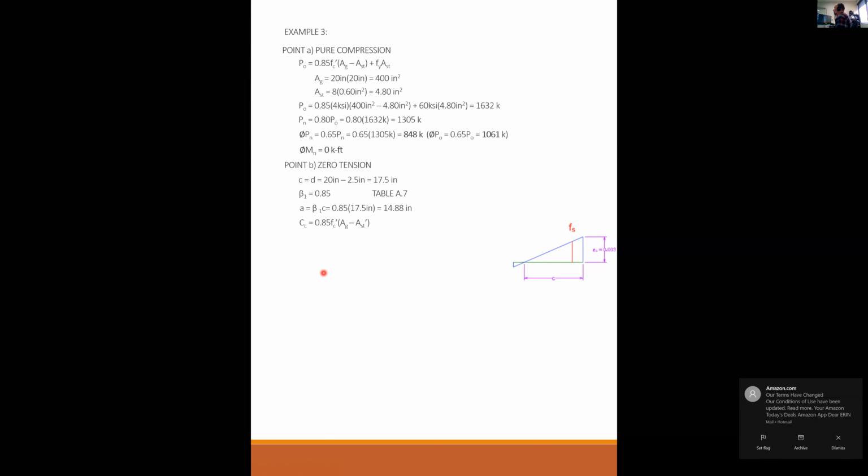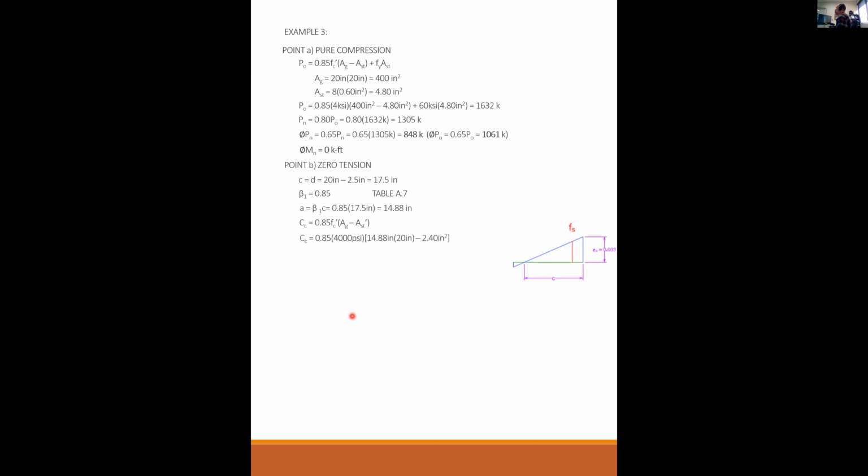So Cc, the compressive force in the concrete, is 0.85 f prime c times (Ag minus Ast prime), which is 0.85 times 4,000 psi times 14.88 times a width of 20, minus the steel in the compression block, which is 2.4 inches squared, for 1,003.7 kips.